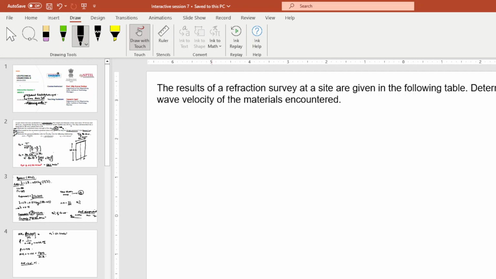So this is a result of a refraction survey. It's not visible? Okay, let me share my screen again.